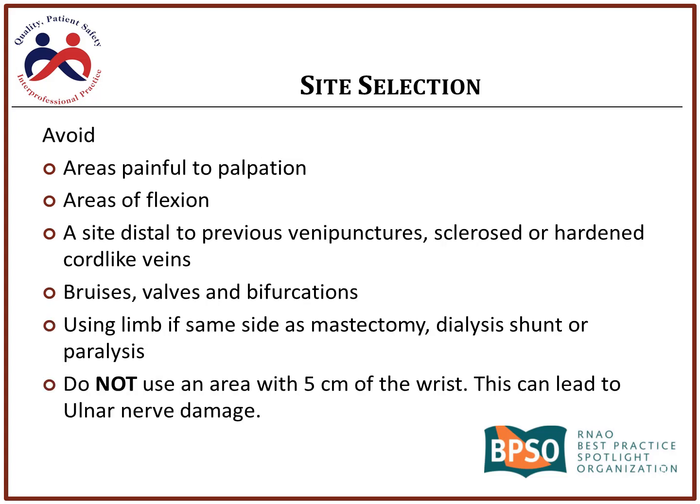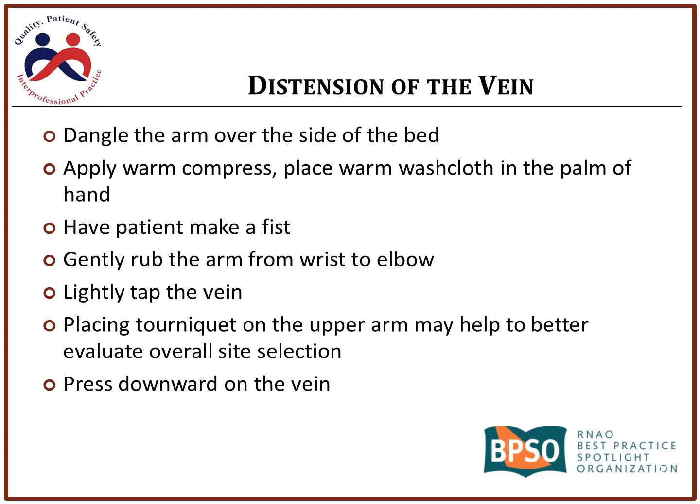You want to avoid areas painful to palpation, areas of flexion, bruising. If someone has maybe a mastectomy or a dialysis shunt, you want to avoid that side, and definitely stay 5 centimeters off the wrist. I know I've emphasized that a lot, but there have been reported cases of ulnar nerve damage.